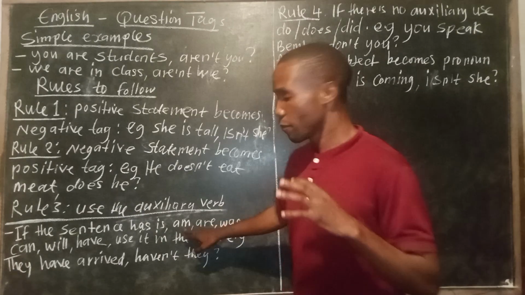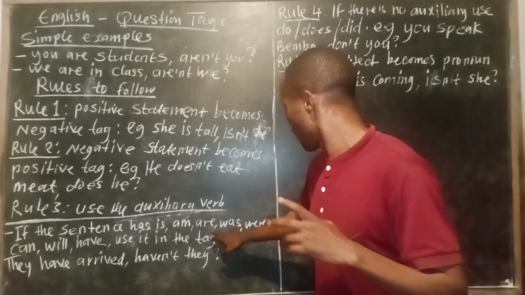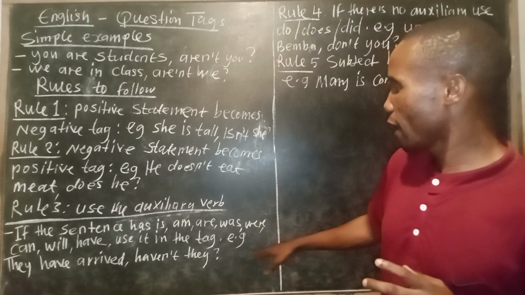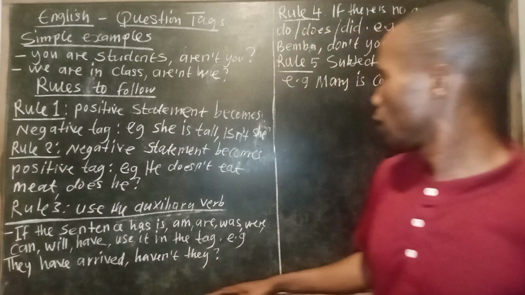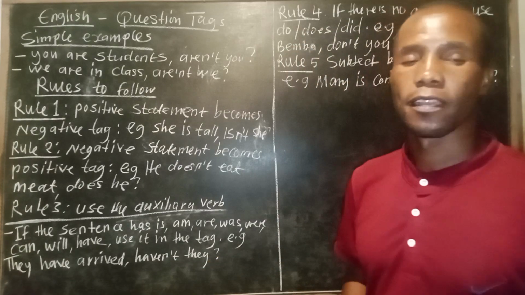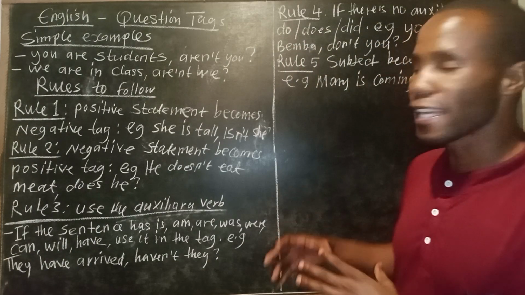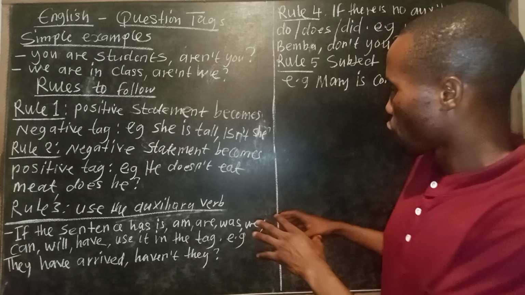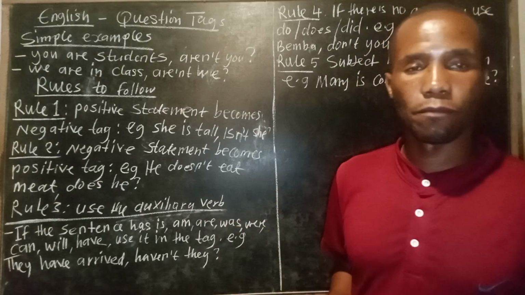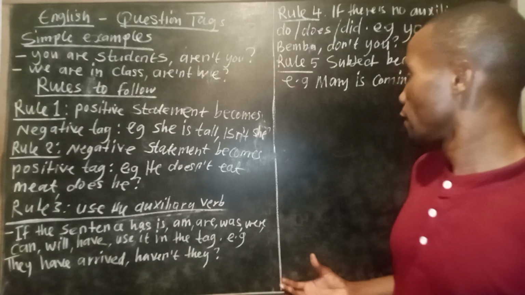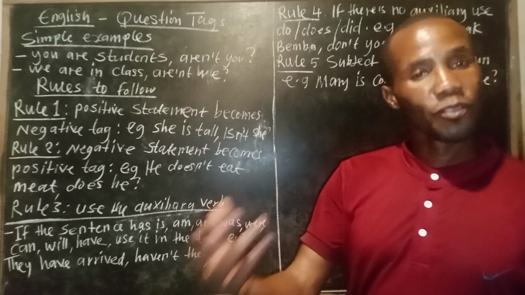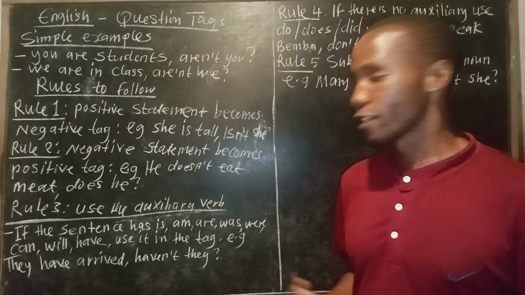Then am, are, was, were, can, will, have, use it in the tag. So if the sentence has got one of those auxiliary verbs, you have to make sure that you use it in the question tag.